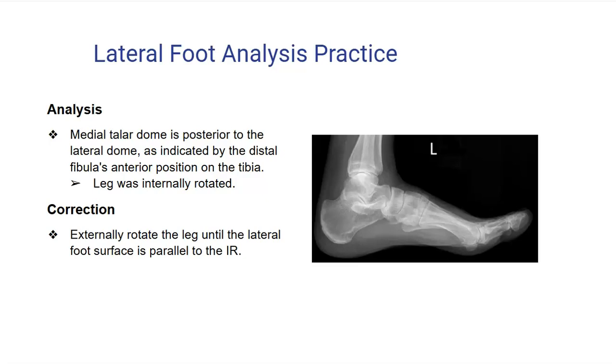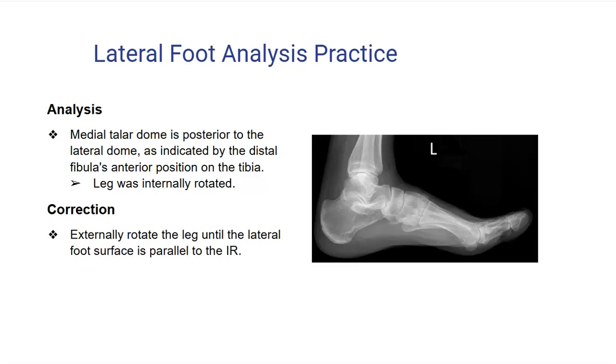If you look closely, the medial talar dome is positioned posterior to the lateral talar dome. Also, the distal fibula is anterior to the tibia. This should indicate to you that the leg appears to be internally rotated.